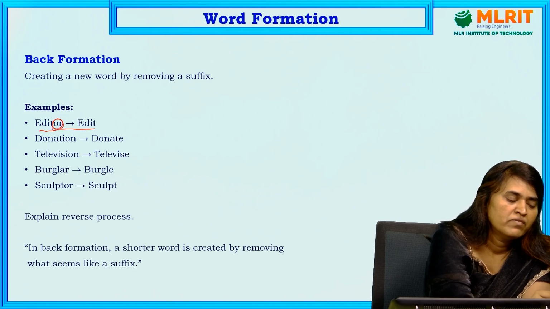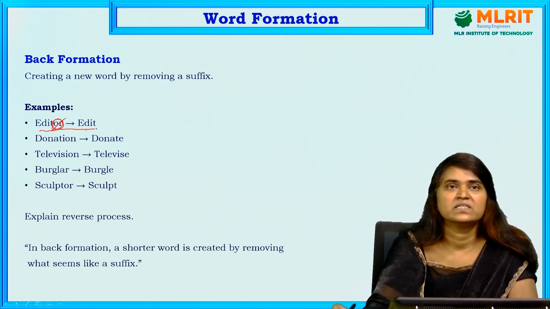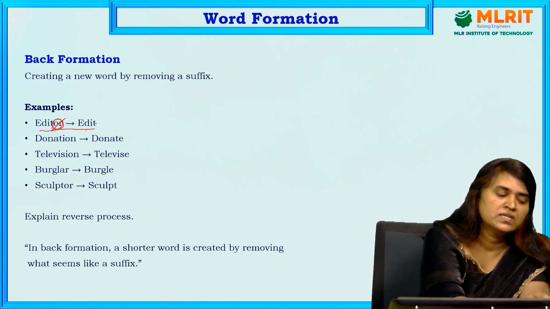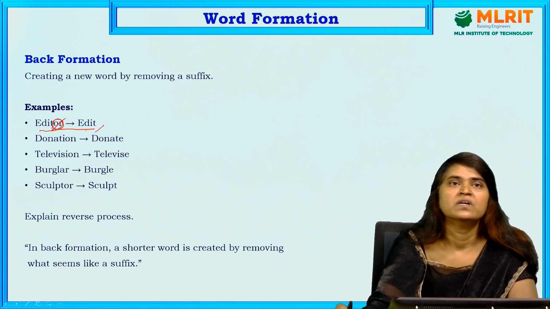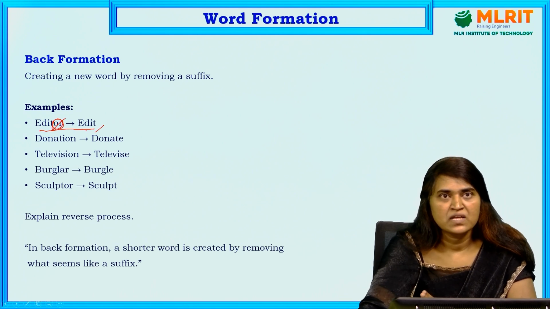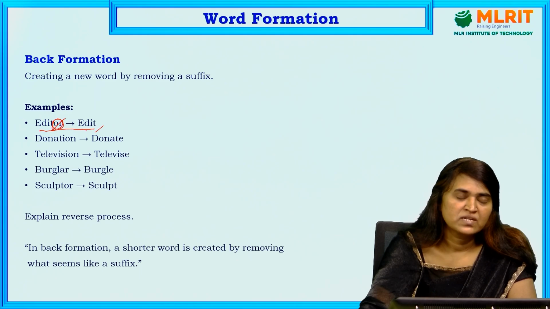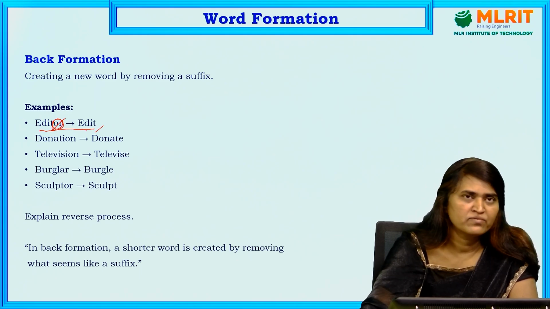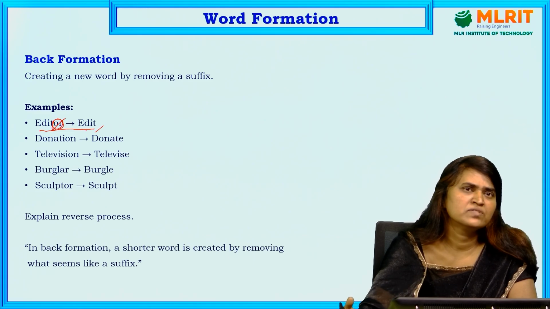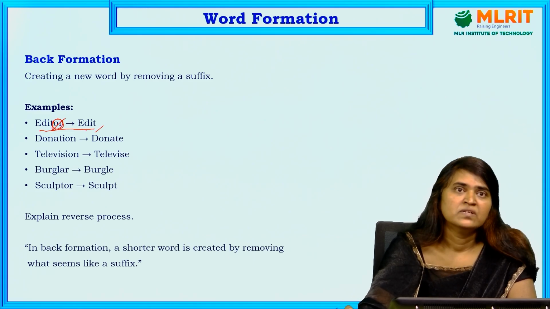So when we remove the suffix, we get a new word, edit. Editor is a noun here and edit is a verb, so the word class also changes. So back formation is creating a new word by removing a suffix. Here we have a few examples: donation, television, sculpture.